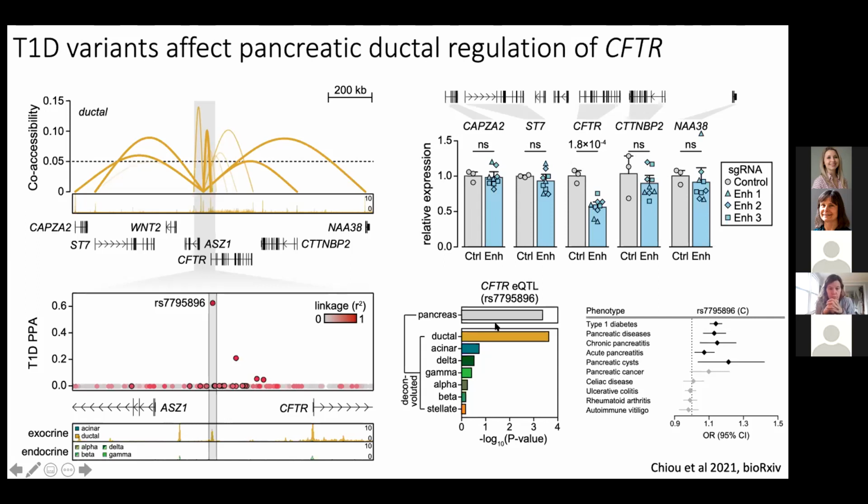And that variant is a QTL for CFTR expression in ductal cells. And interestingly, it is also associated with other pancreatic diseases like pancreatitis, pancreatic cysts, and some evidence for maybe pancreatic cancer, all diseases of the exocrine pancreas. And so there may be a link between type 1 diabetes and these other pancreatic diseases via the exocrine pancreas, but that's just a hypothesis.